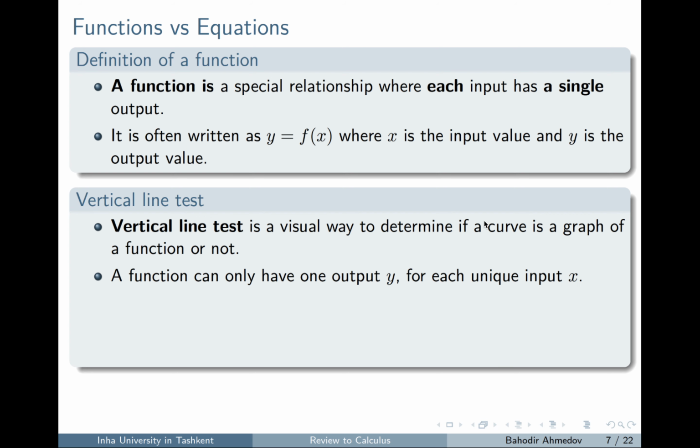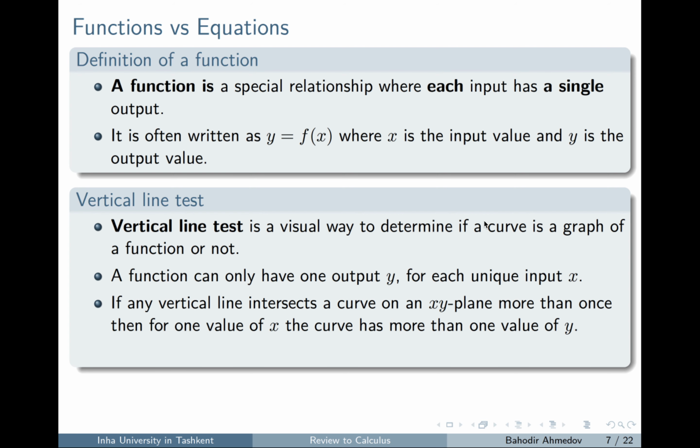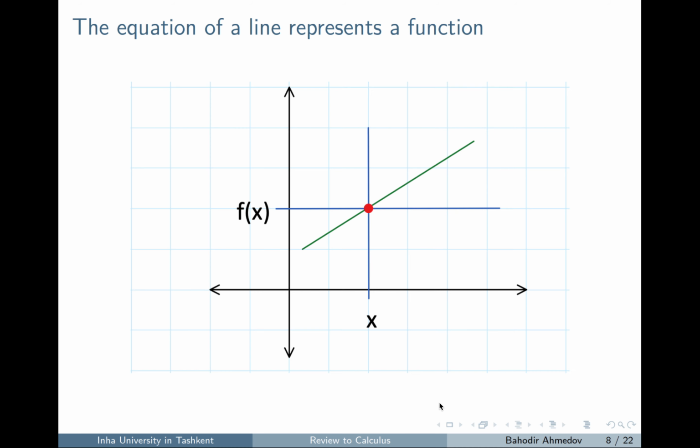We know that a function should have only one output for each unique input, and if a vertical line intersects the curve at two points, it means that the function has two outputs for the same input, right? So graphically it looks like this. This is the line, and I would like to know whether the equation of the line can be represented as a function.